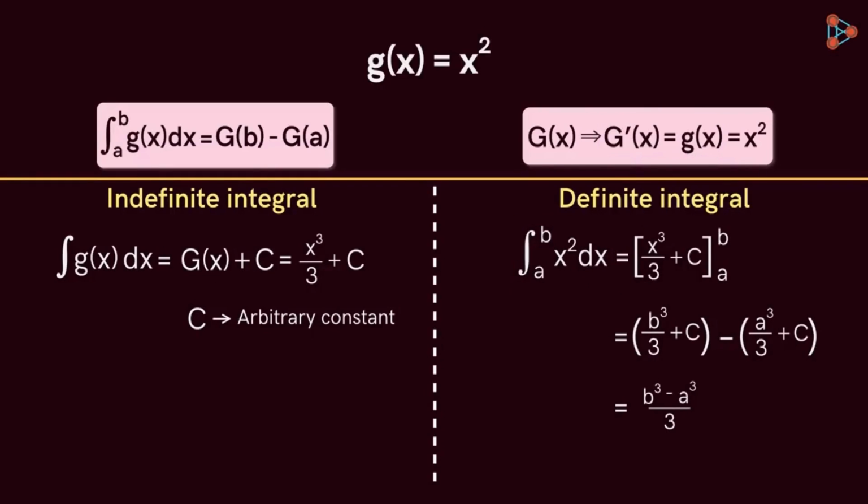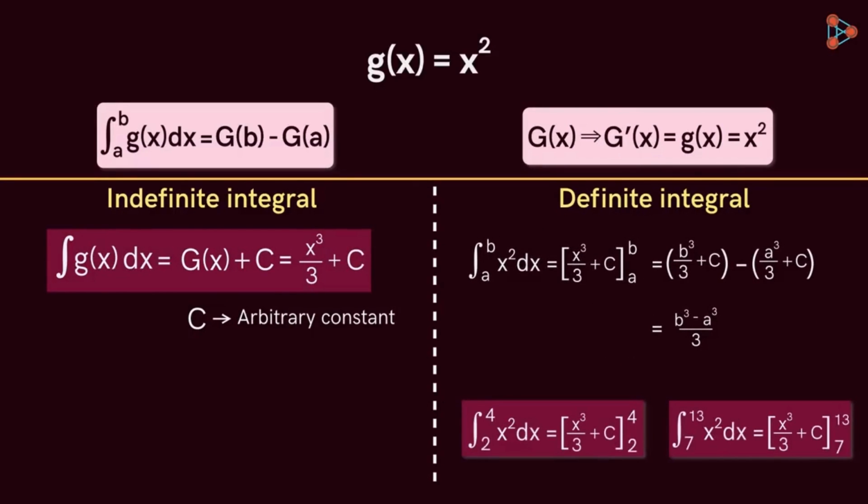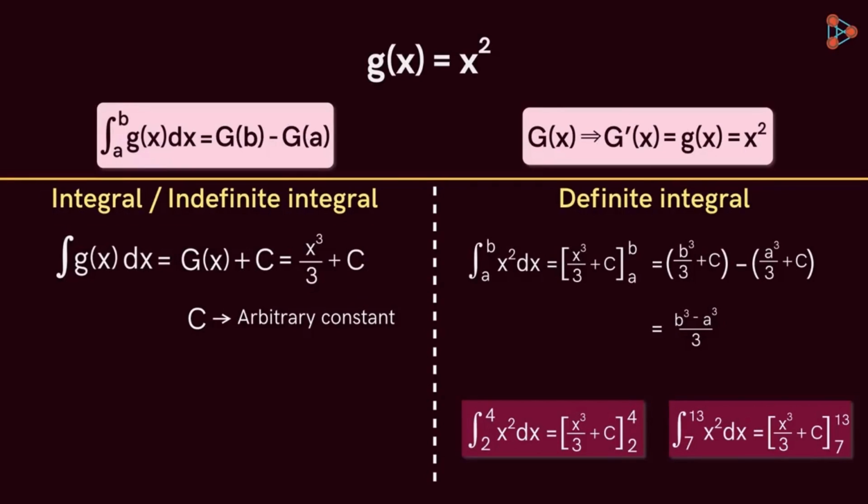We can see that once we know the indefinite integral, we can find any definite integral of the function. So usually, the indefinite integral is itself called the integral of the function. So we see that related to a function, we have two types of integrals: indefinite integral and definite integral.